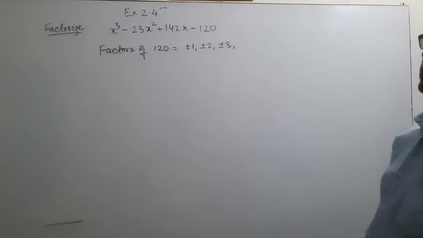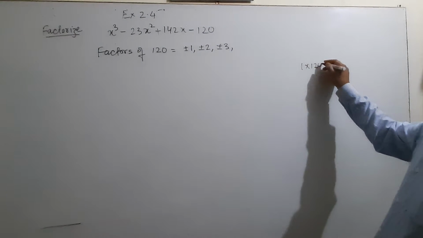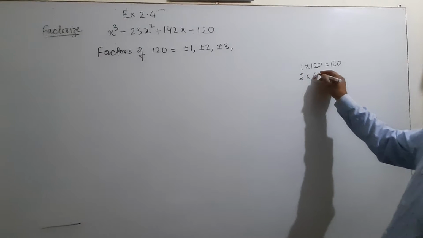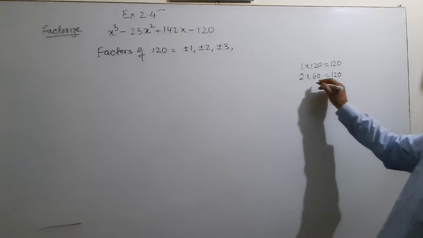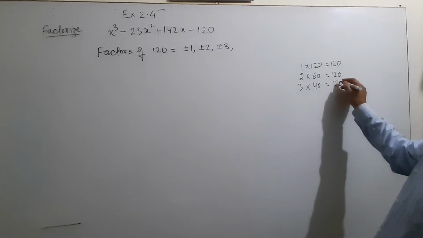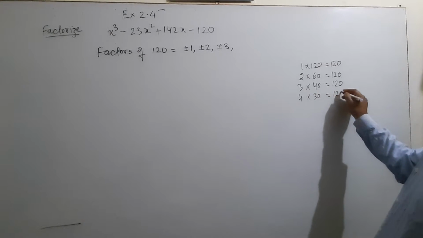This will be 120, so 1 into 120 is 120, 2 into 60 is equal to 120, 3 into 40 is equal to 120, and 4 into 30 is equal to 120.